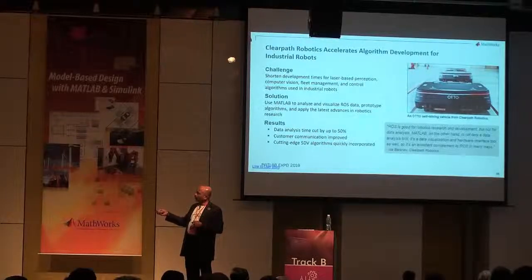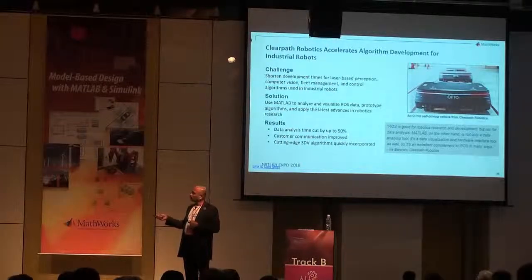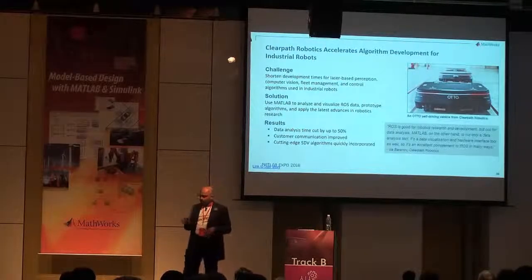They are using the Robot Operating System in this case, and because of MATLAB's connectivity to ROS, they can bring in data from the ROS bags into MATLAB, which speeds up their data analysis time, as well as allows them to develop some very sophisticated algorithms that allow that robot to navigate on its own.